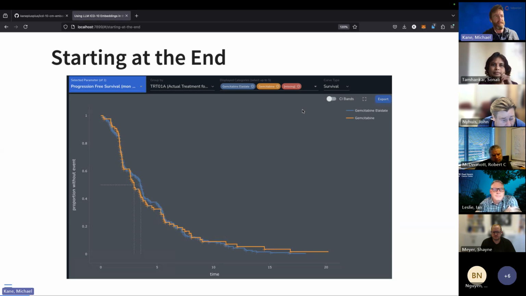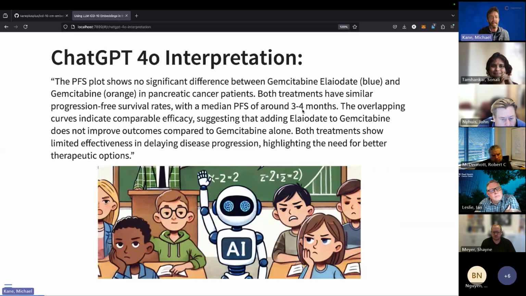So what I did then was I took this visualization and I dumped it into ChatGPT, and I said, can you provide an explanation for this? This is the actual response, from ChatGPT 4.0, so this is pretty recent. It says the PFS plot shows no significant difference between the first therapy and the second in pancreatic cancer patients.